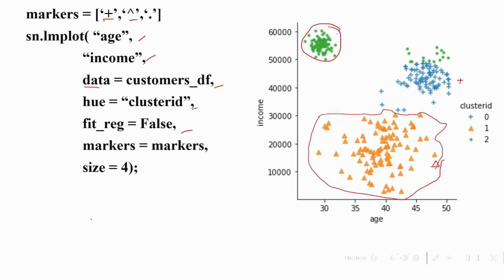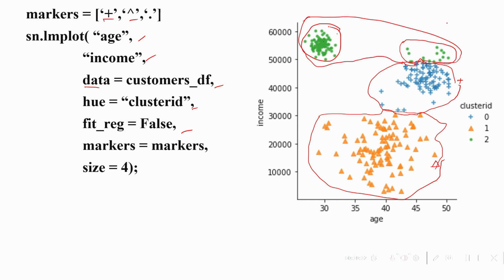These elements belong to one cluster, and the green color points belong to another cluster.